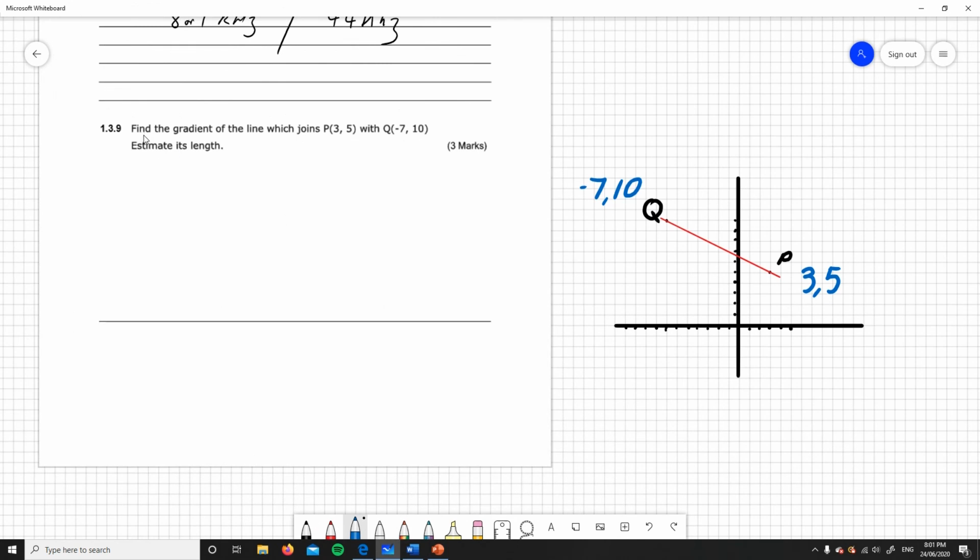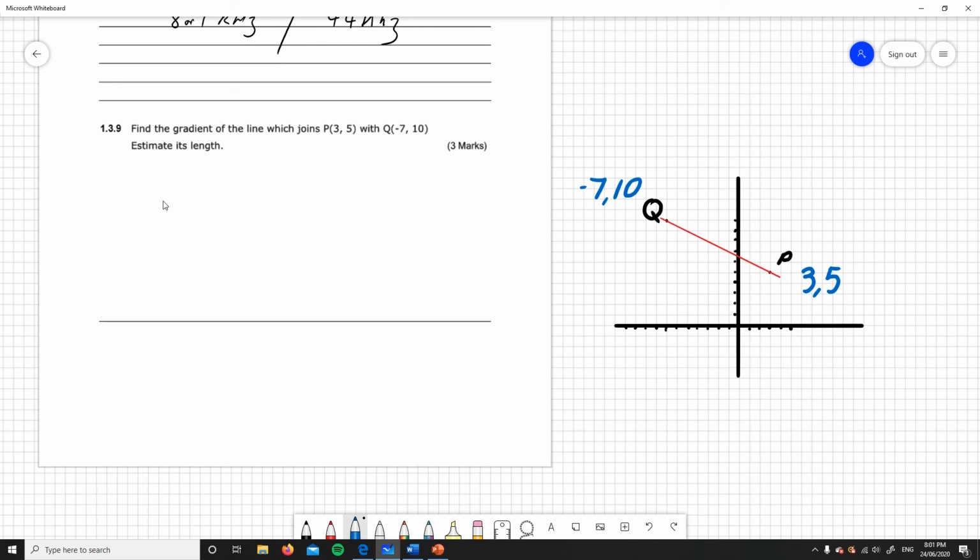In this question, we need to find the gradient or the slope or the angle of the line which joins point P, which is located at (3, 5), as drawn down here, with point Q at (-7, 10), which is up here. The second part is that we need to estimate the length of that line.